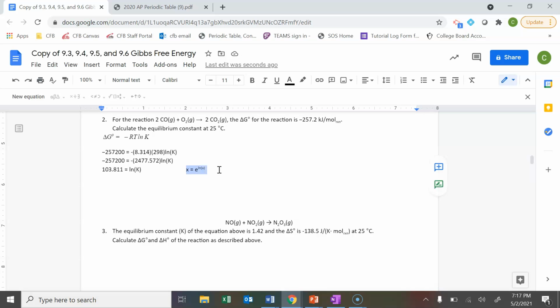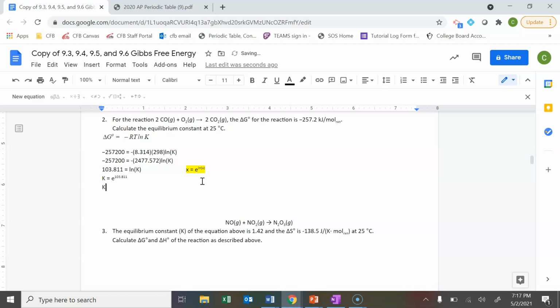One way of remembering that is that the inverse is often the second button on your calculator. So when I want to do the inverse ln, I just push second ln, and you can see that's e to the x. So if I want to undo this and solve for K, K is going to equal e to the 103.811.